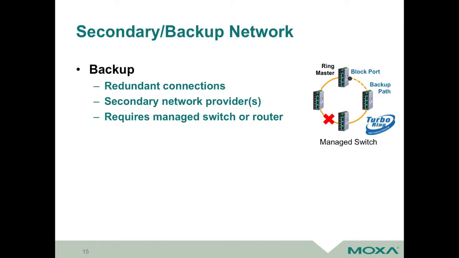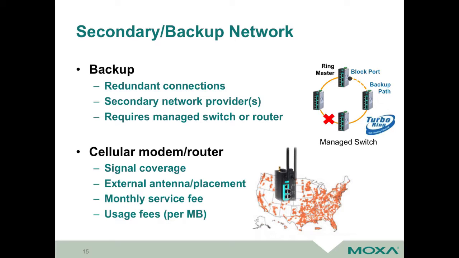The managed switches are able to monitor the traffic and block things and get them out of the network for you. So the concept here is that if you have a network break here and the solid lines are the active communications path, if this gets disconnected, or maybe this switch here gets a circuit breaker tripped and you lose power to that switch, the net effect is that you can have a backup path up here that turns on to restore communications. So this is where that secondary backup network is really important. Some of you are probably already doing this type of thing.